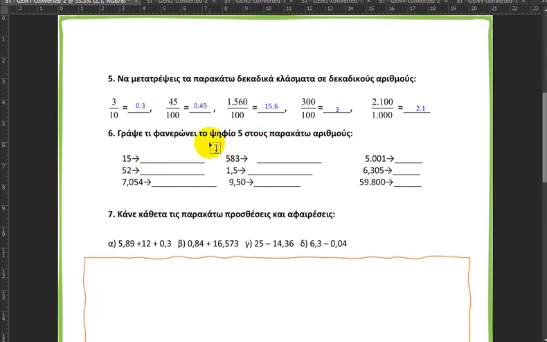Here we want to write what the 5 shows, basically. So is it the ones, the tens, the hundreds? Where's the 5, basically? So here it's the ones, it's the tens, here it's the tens again. Oh, sorry, that's a decimal point. I thought it was a thousands point. So it's actually the hundredths. Then here it's the hundreds.